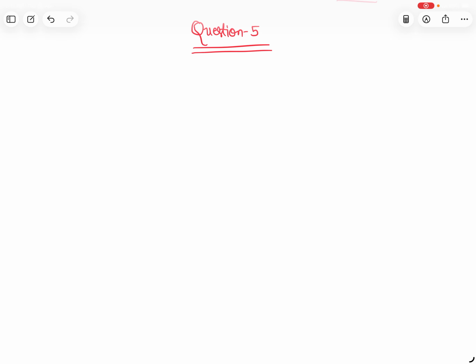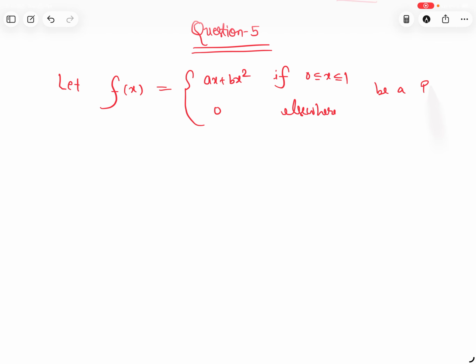Today we are going to see another question on the probability density function of a random variable. Let's see what the question is. Let f(x) is equal to ax plus bx square if x is in the range 0 to 1, and 0 elsewhere, be a PDF of a random variable x.